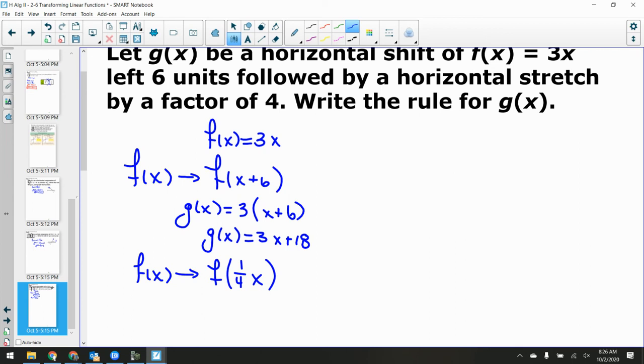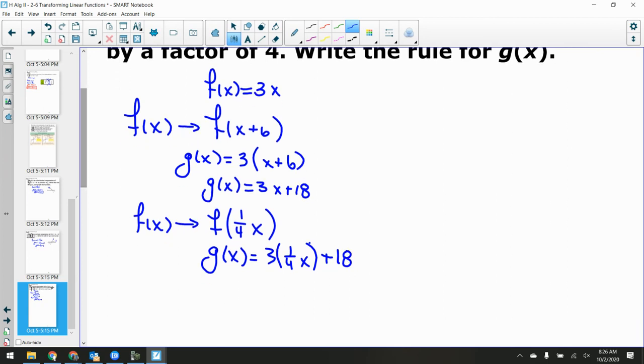So my final g of x, chain it together, removes x here, and in its place writes 1/4 x. So we get g of x is equal to 3/4 x plus 18.